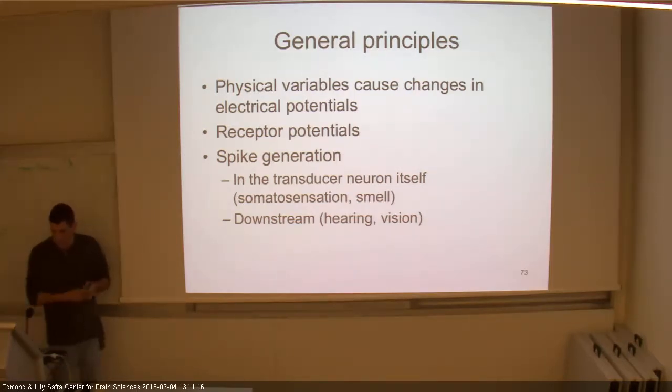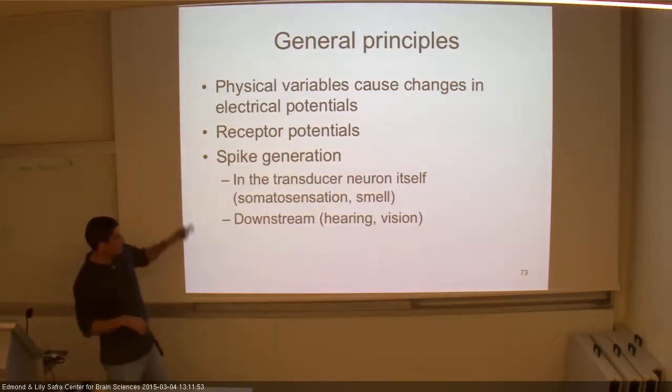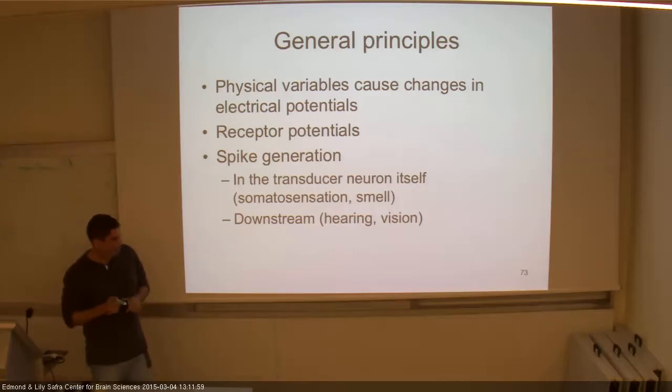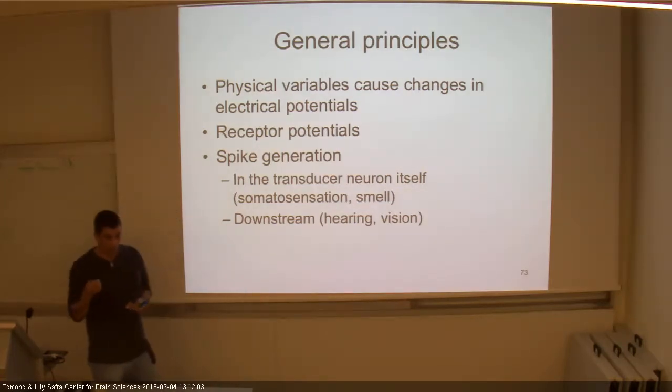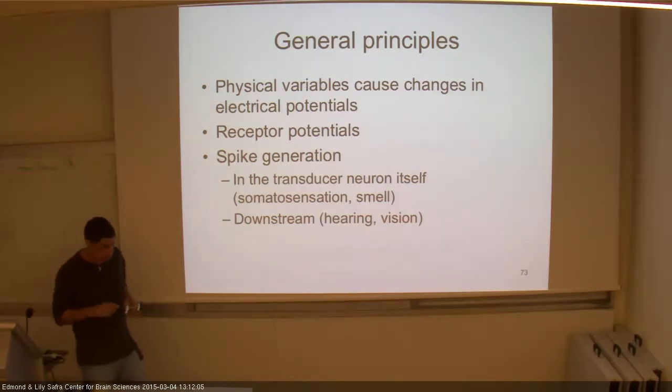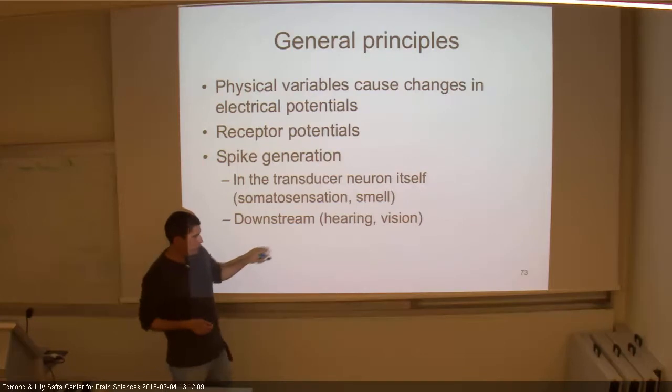Great. So these are called signal transduction, and the change in electrical activity in the receptors is called receptor potentials, and these are then generated in order to communicate between different parts of the brain by spikes. Some receptors themselves are spiky, like in somatosensation or in smell.